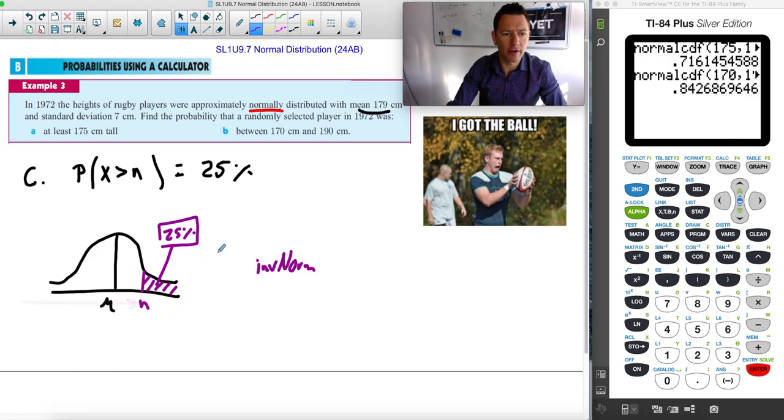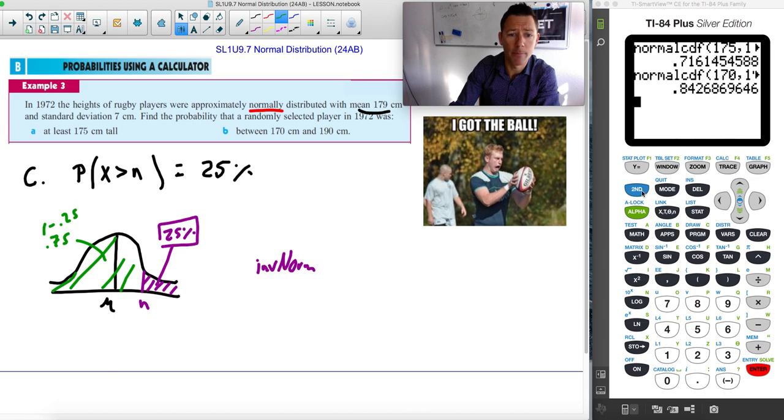So if this is 25% and I put 25% in inverse normal, it gives me this lower limit. It gives me where the bottom 25%, like the skinny little dorks like me, where that cutoff is, right? And I don't want that. I want the upper 25% of the guys. So I need to put in 75%, right? I need to put in 1 minus 0.25, excuse me, which is 0.75.